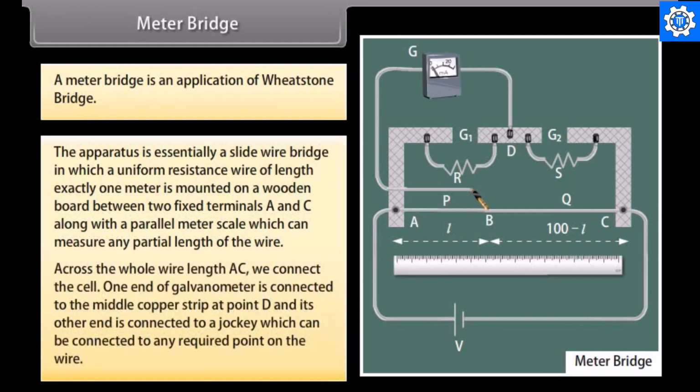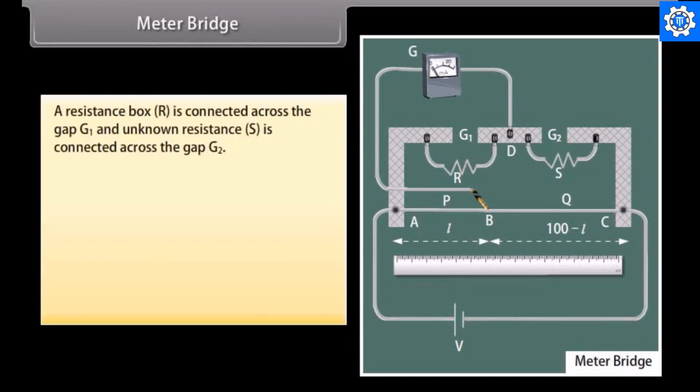Across the whole wire length AC, we connect the cell. One end of the galvanometer is connected to the middle copper strip at point D, and its other end is connected to a jockey which can be connected to any required point on the wire. A resistance box is connected across the gap G1 and the unknown resistance is connected across the gap G2.